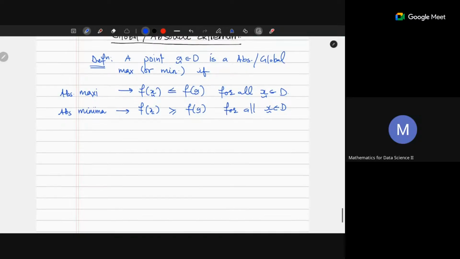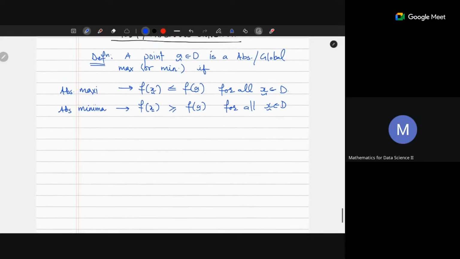And these absolute maxima and minima always exist for some particular type of domain, which are called closed and bounded domain.